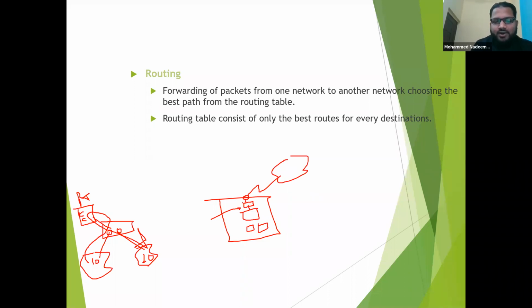In firewall technology, you will learn that a firewall has zones. Zones are nothing but boundaries. Let's say this firewall has two interfaces. One interface is connected to the core switch, and this zone is called the inside zone. The other interface of the firewall is connected to the ISP router, and this zone is called the outside zone.